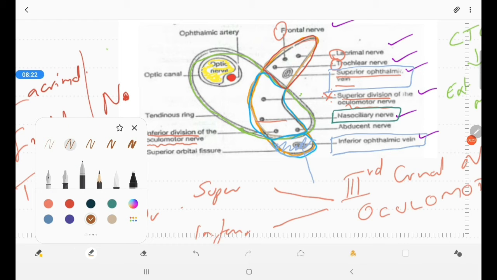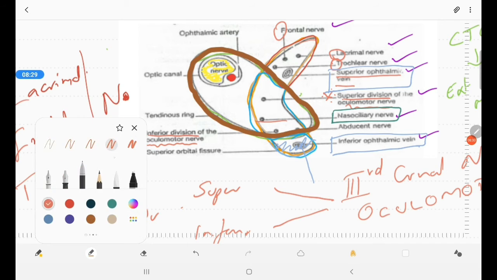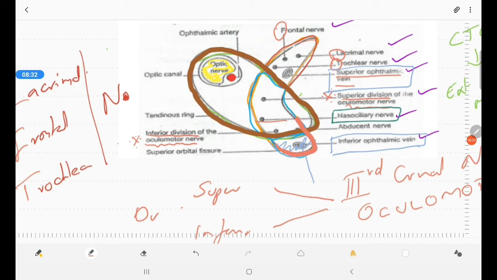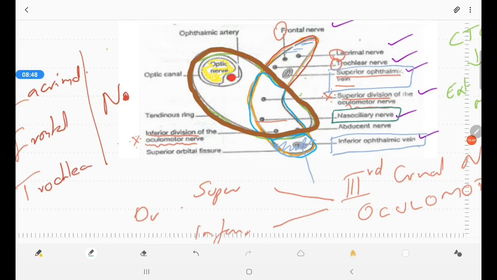So now we will just revise it once again. We have the common tendinous ring, which actually divides the superior orbital fissure into three parts: the superior part, central part, and the inferior part.